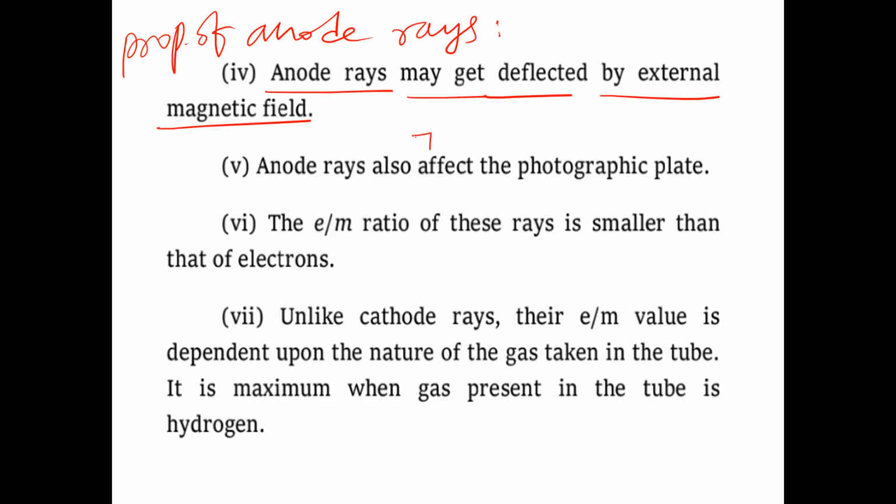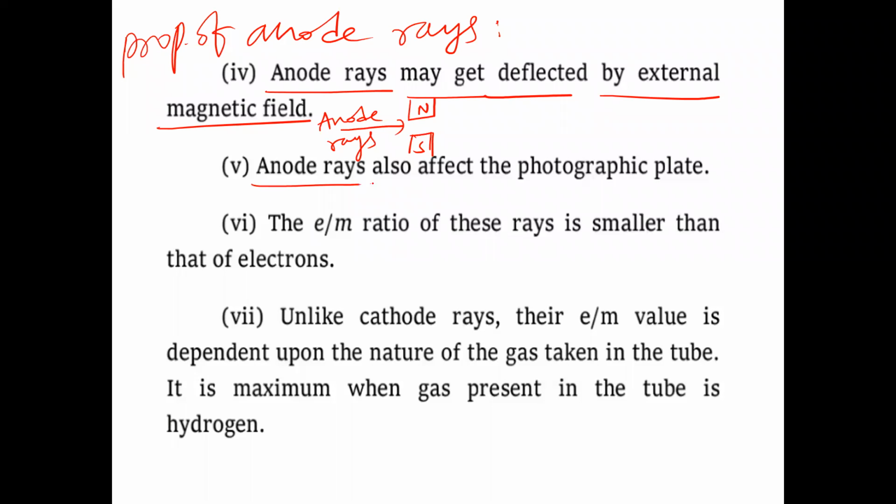If you take a North Pole and a South Pole, and pass anode rays through, these anode rays will be deflected in this magnetic field. So anode rays may get deflected by an external magnetic field.